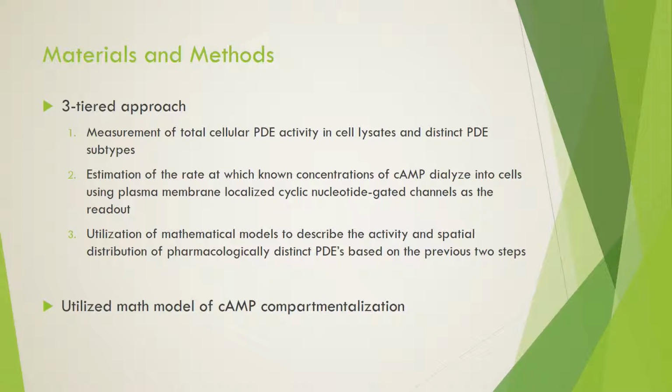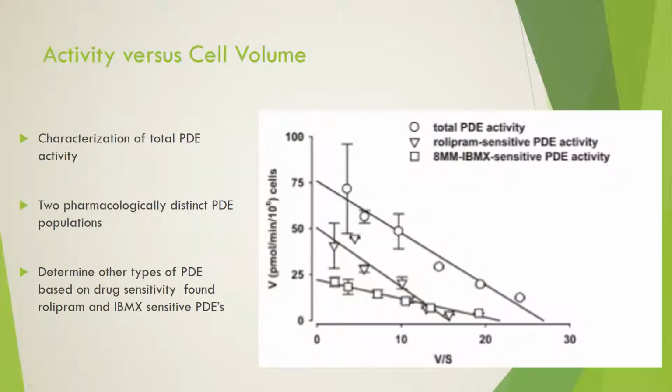This data is used to predict the enzyme activity based on whether they are using it as a one-compartment or two-compartment model. The first part of the experiment is used to measure the PDE activity within the cell at a specific volume.